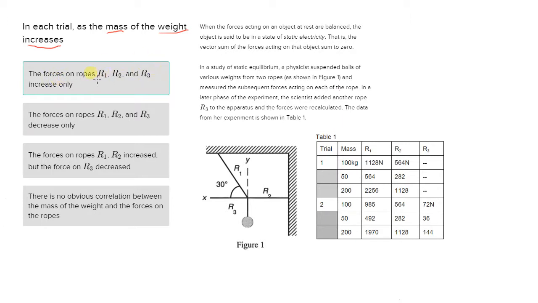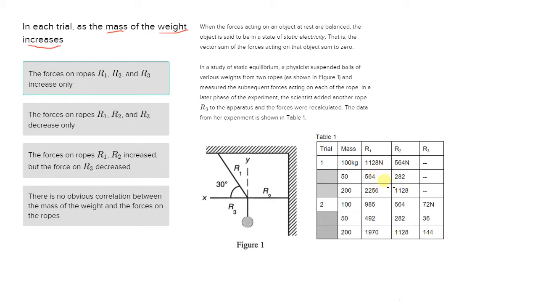The first answer choice suggests that as the mass of the weight increases, the forces on ropes R1, R2, and R3 increase only. So as we look at this table, we should see that as the mass increases from 50 to 100 and then from 100 to 200, the force on each of these ropes should increase only.